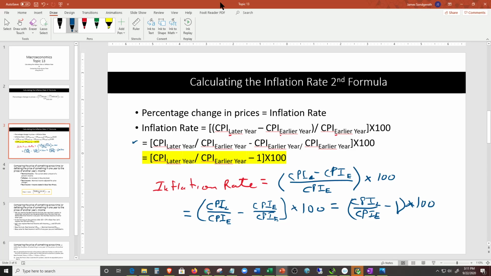All right. So some students find that they prefer this formula for the inflation rate.